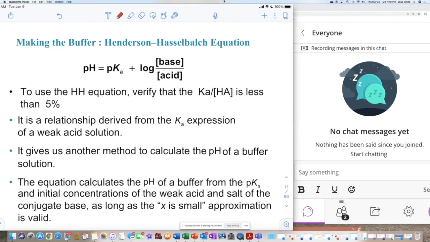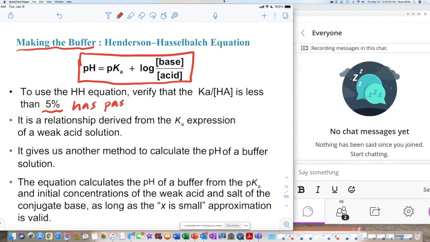But this time we have an alternative, but there's a caveat. You can only use this in the context of making a buffer. If the question is asking you to figure out the pH of a buffer solution, you can only use this equation. And so here's the thing. This equation is only meaningful to you if the 5% rule has passed.